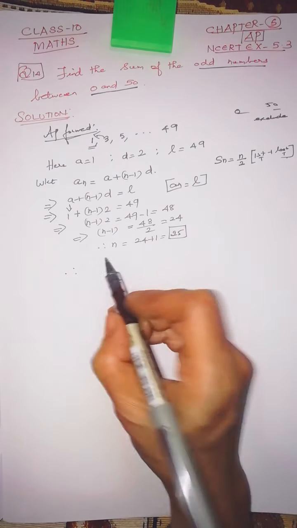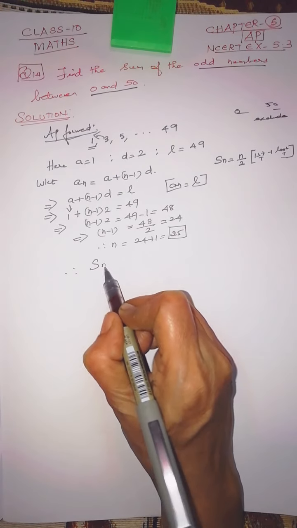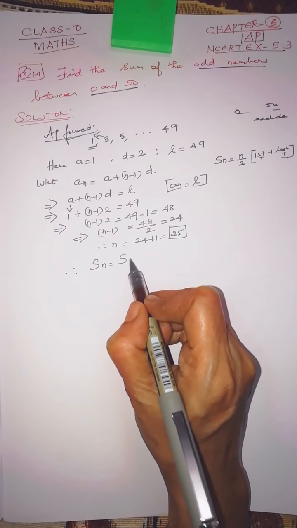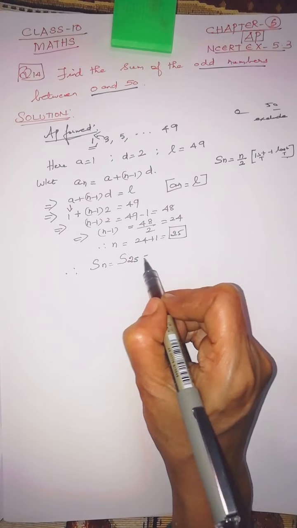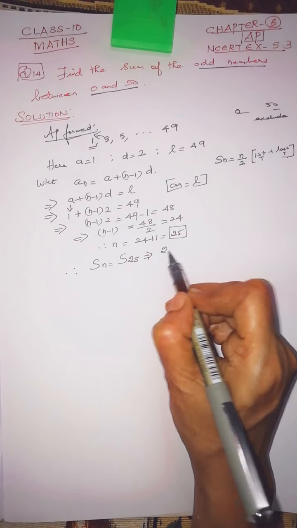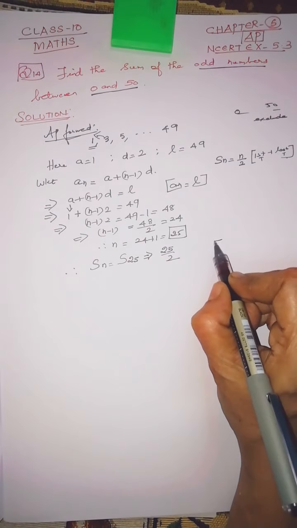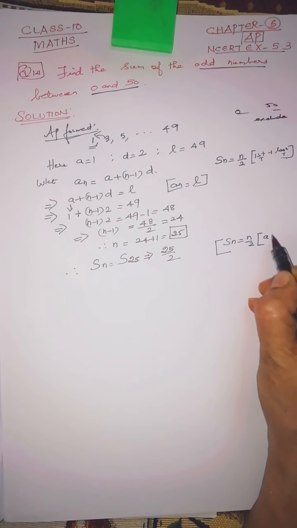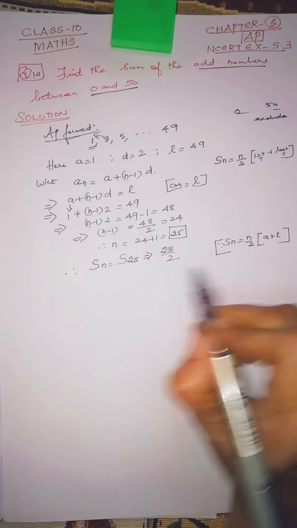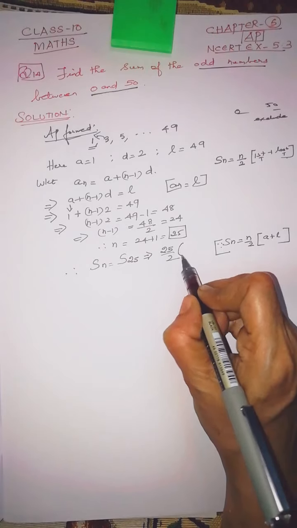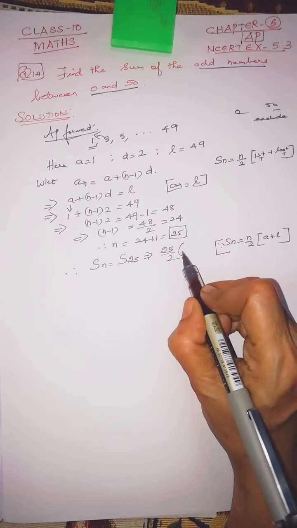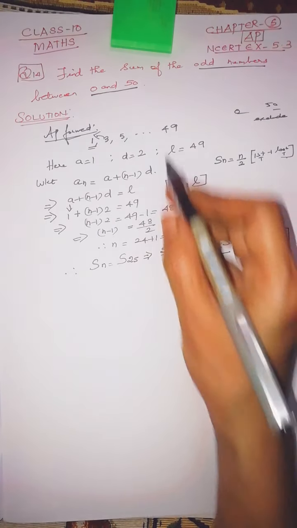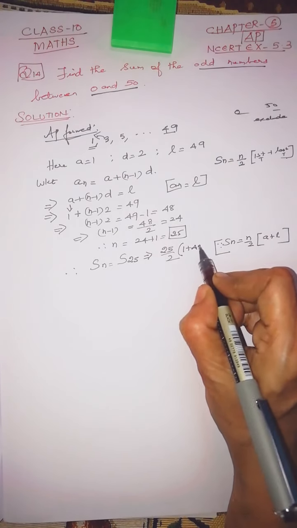So we can substitute. Sn, in the place of n, there are 25 terms. So S25 equal to 25 by 2. We are making use of the formula Sn equal to n by 2 into a plus l. 25 by 2, a is 1 and l is the last term, that is 49.